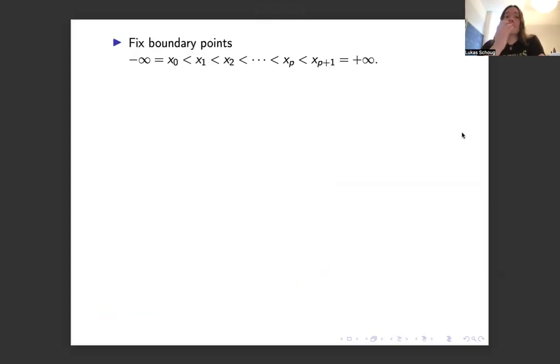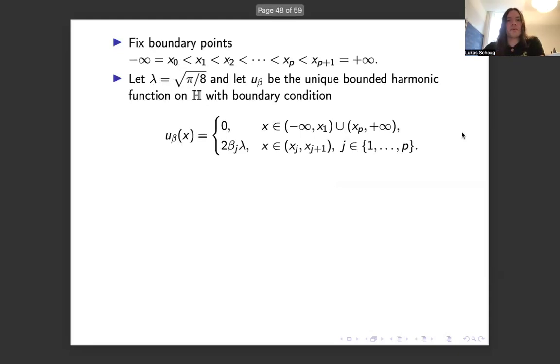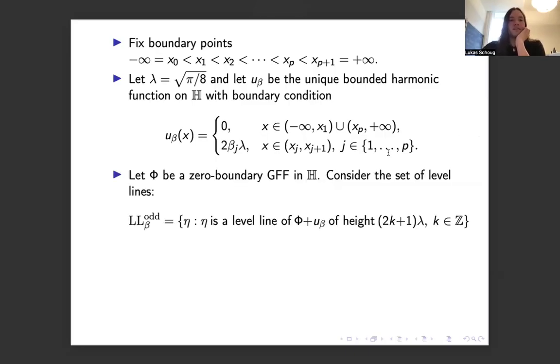So our setting is then that we fix some boundary points, and we fix some bounded harmonic function which has this boundary data. So it's piecewise constant. And we pick phi to be a zero boundary GFF, and we add to it this harmonic function.